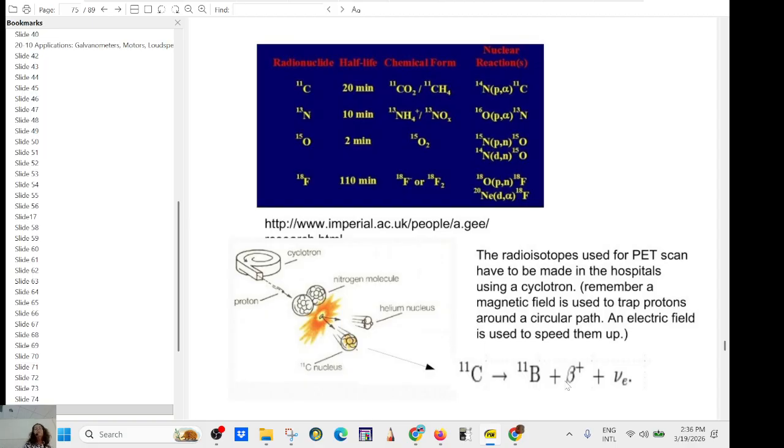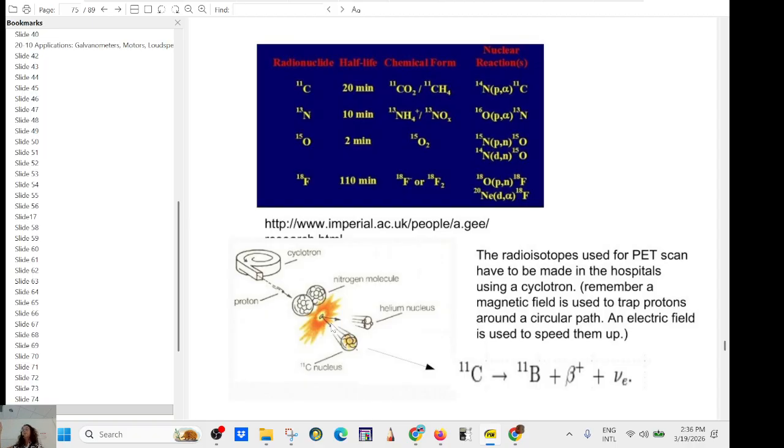So the idea of a PET scan, I give you a little bit. It should be in the next unit, but if someone, God forbid, has a tumor, they give that person a radioactive tracer, a radiopharmaceutical, so something radioactive. It goes inside your body, and they mix it with sugar. Cancer loves sugar.